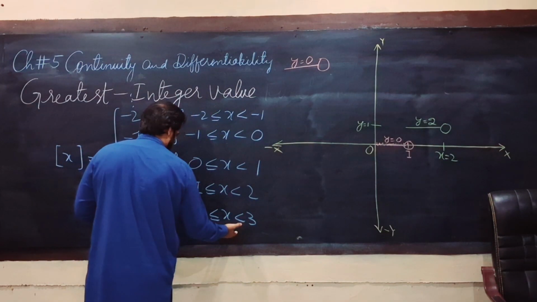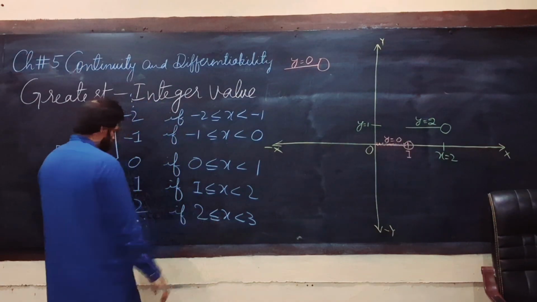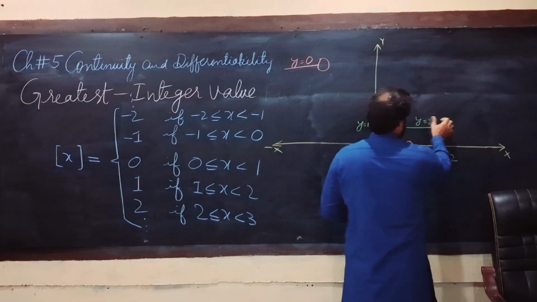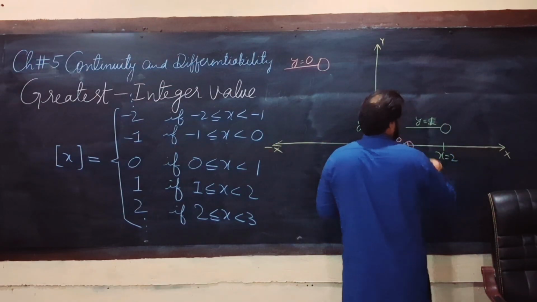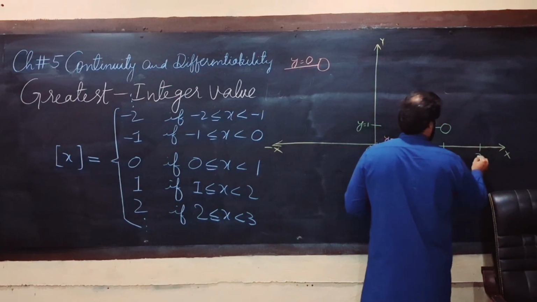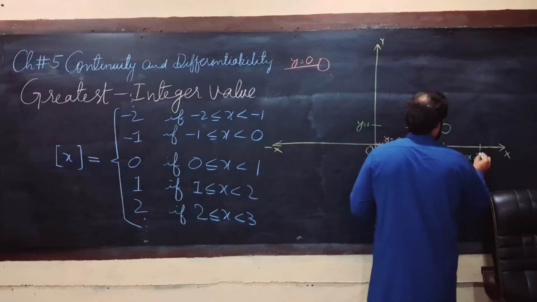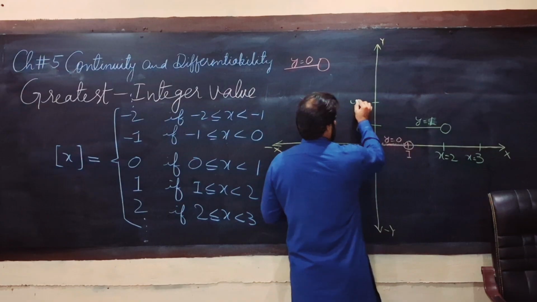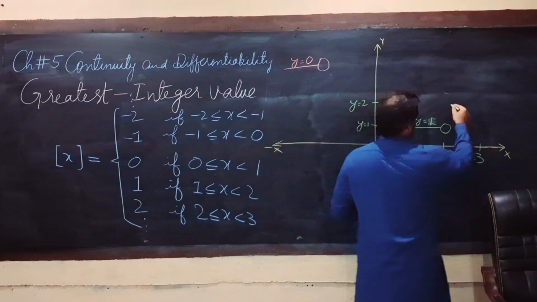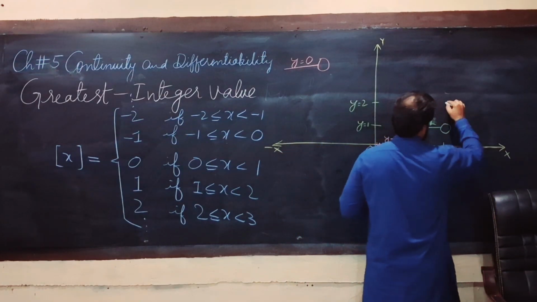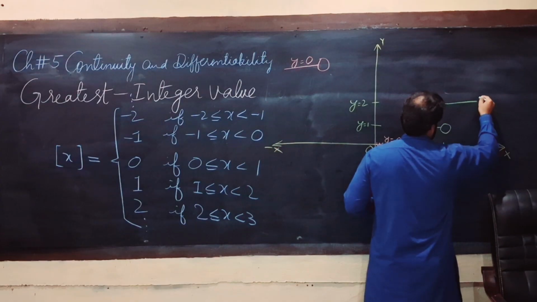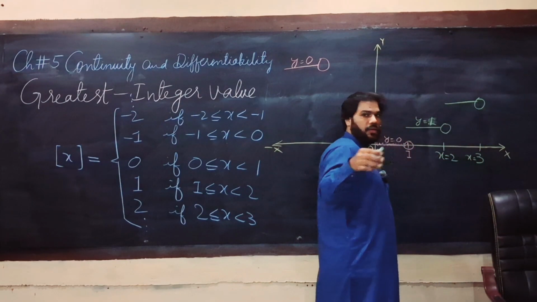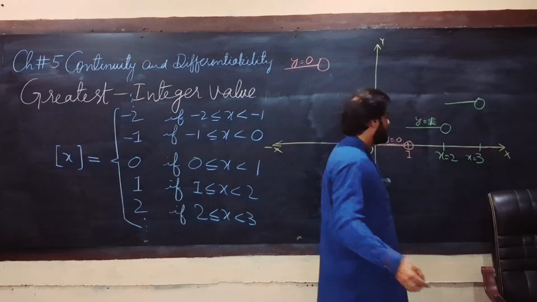Lastly, for this interval 2 to 3, the height of the function is 2 here. This is my next point, x is equal to 3 here. And for this interval 2 to 3, the height of the function is y is equal to 2. So now the graph will be like this. Because 3 is not part of this interval, I will draw an empty circle or a hole.